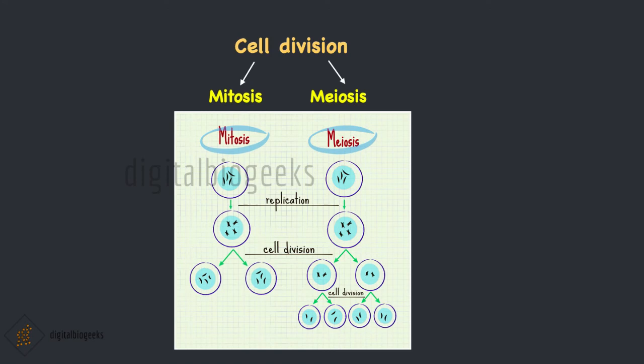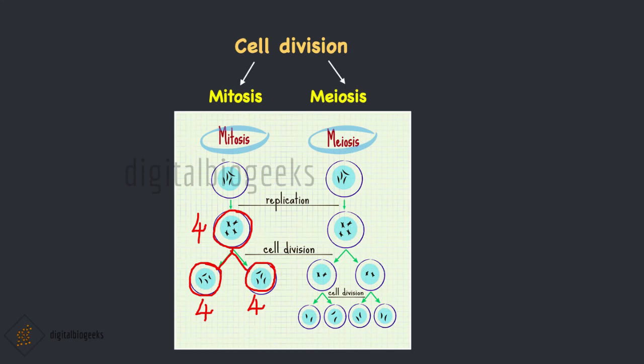In this process, there is a mother cell and this mother cell divides to form two identical daughter cells. Here, this is the mother cell, and this mother cell has 4 chromosomes. This cell divides to form two daughter cells, and these daughter cells also have the same number of chromosomes, that is, each daughter cell has 4 chromosomes.